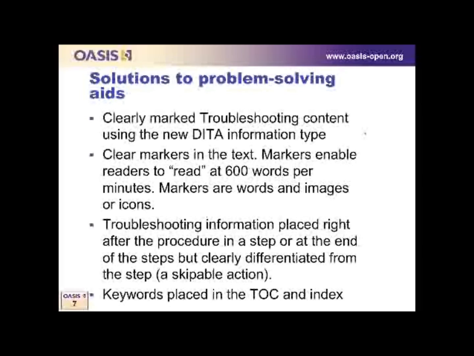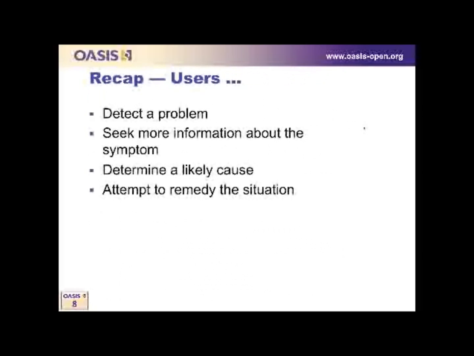If you see something that clearly says problem solving, troubleshooting, then you know you can skip that if you're not having a problem. So it enables you not to read something that you don't need to. And of course, the keywords that can be placed in the table of contents or the index or in the search mechanisms by identifying topic information as troubleshooting. So these are the actions that we want to be able to support.